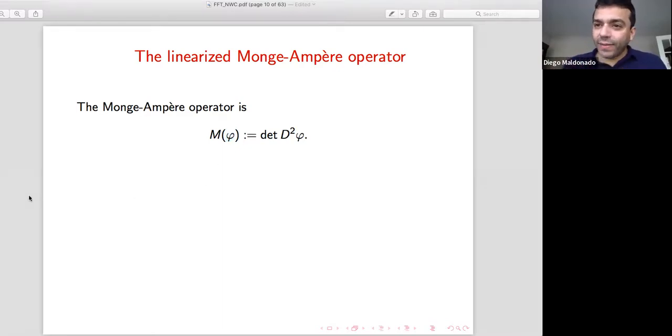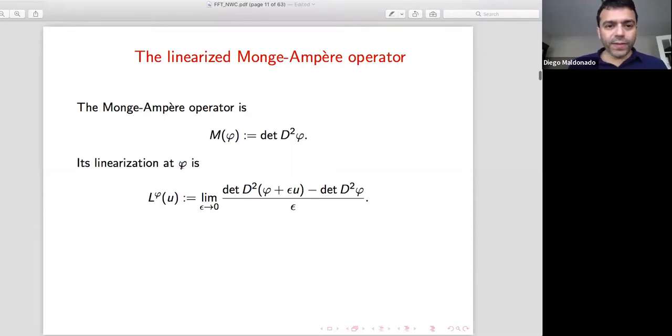So if we linearize this, if you fix a phi and look at the linearized version of this operator at U, that means what we call the Frechet derivative or the Gateaux derivative. You take the limit, it's like a directional derivative at phi in the direction of U, like this.